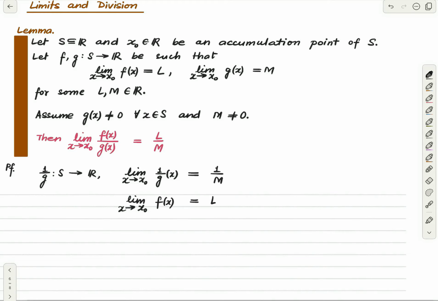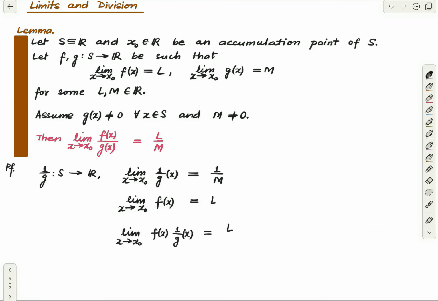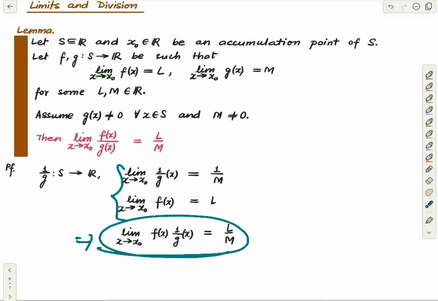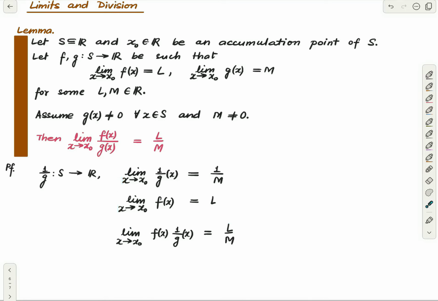So you just use that limits behave well under products. This implication is immediate from the well-behavedness of limits under products. And this is just a rewriting of what we desired. So that proves the limits theorem regarding division.